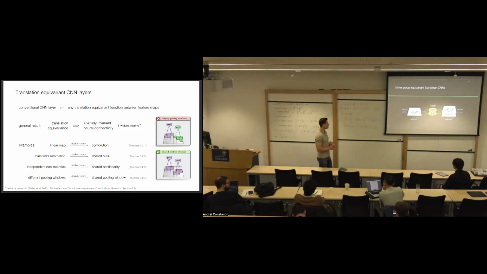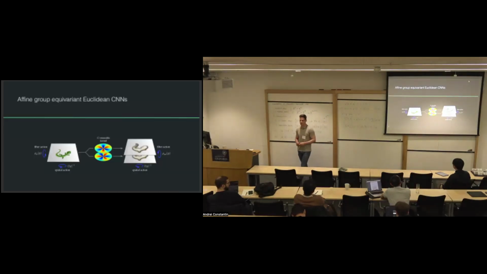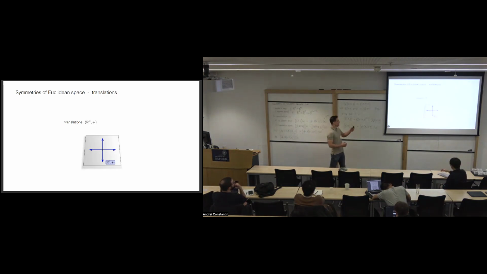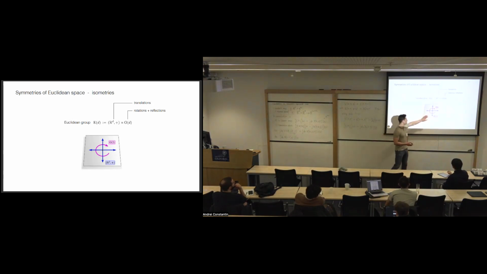All right, so this was the story for translations, but now we can start to generalize this to other symmetries like rotations. Until now we just looked at translations of space, but let's say you would want to include something like the orthogonal group, so you have rotations and reflections. Then you get in total this Euclidean group here, which is defined as a semi-direct product of translations and the orthogonal group.